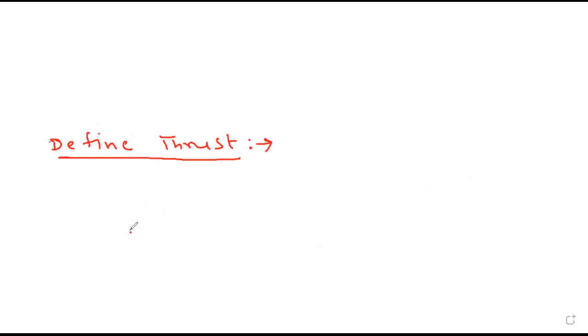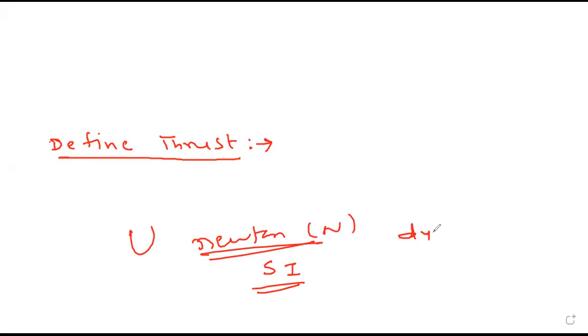Newton, denoted by N. This is SI unit. And CGS unit is what? Dyne. What is relation between Newton and dyne? 1 Newton is 10 raised to 5 dyne.